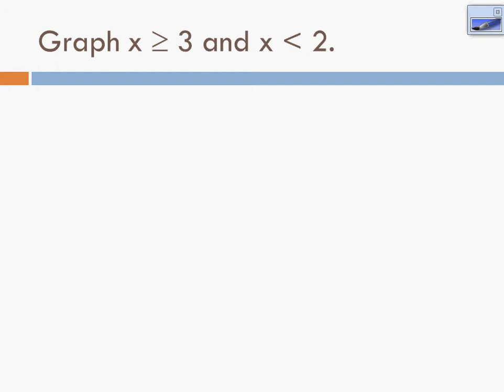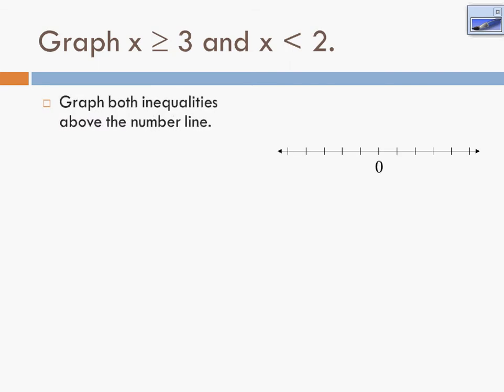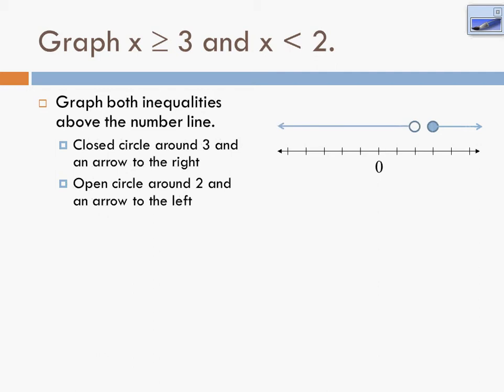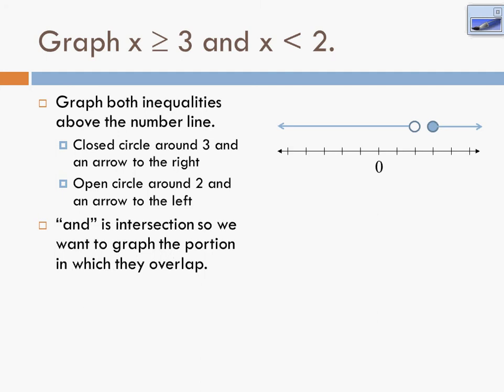Now it's the same inequality, except that there's an and in between, so we're going to start off the same. We're going to graph both above, and greater than or equal to 3 is above there with a closed circle, less than 2 has an open circle. And now we're looking for where those two inequalities overlap, and we notice that they don't ever overlap, and so the answer for this one is no solution because they don't overlap.